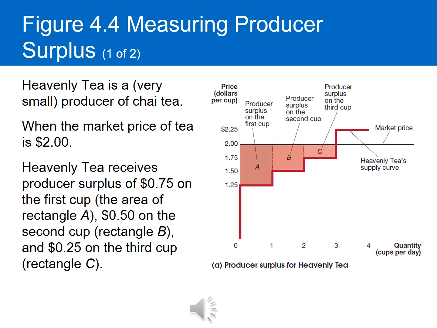For the second cup of tea, the producer surplus is going to be 50 cents, the difference between the price of $2 and the marginal cost of $1.50, and that's represented by the rectangle B. Finally, the third cup of tea, they're selling for $2, and the marginal cost, what they're willing to sell the tea for at the lowest price, is $1.75. So there's a 25-cent difference, a 25-cent producer surplus for that cup of tea.